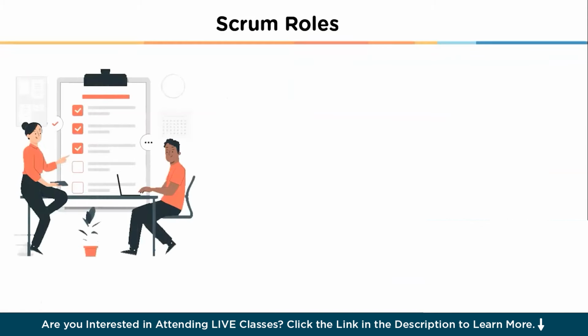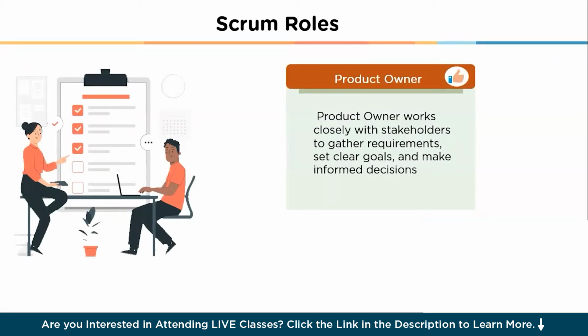Now let us move on to the second part, with a thorough discussion on what Scrum roles are. The product owner plays a very crucial role in Scrum, acting as the voice of the customer. So this is the first Scrum role that we see in the Scrum methodology, that is the product owner. This individual is basically responsible for defining and prioritizing the product backlog, ensuring that the team focuses on the most valuable tasks.